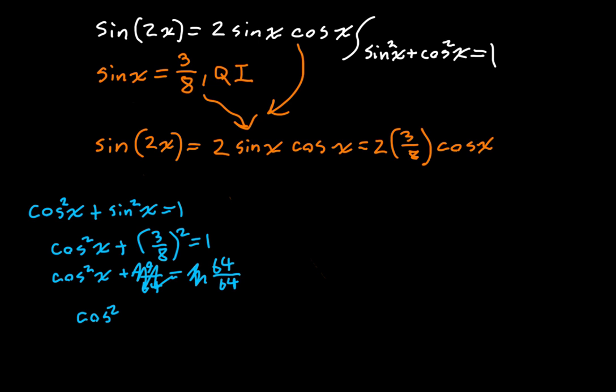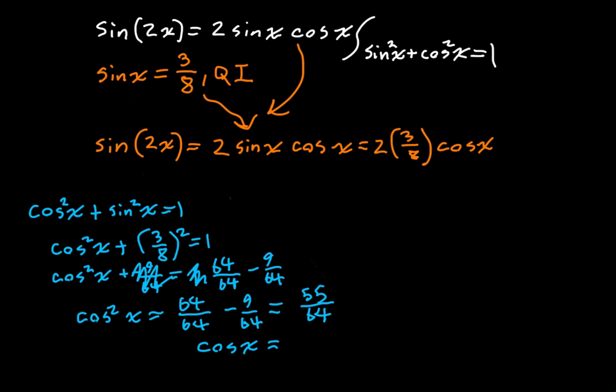So cosine squared of x is equal to 64/64 minus 9/64, which is then equal to 55/64.